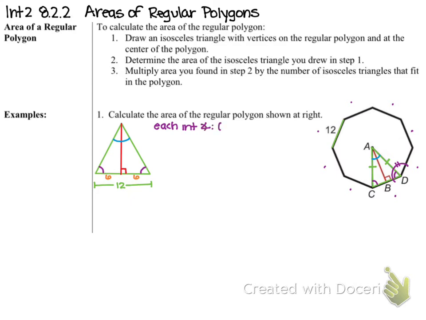Well, I'm going to find the sum first. And then I'm going to split that sum evenly to each corner. Okay, so from here, we'll grab our calculator and see what we get. So I'm going to do 6 times 180, and then I'm going to divide that answer by 8. That means that this is 135 degrees.